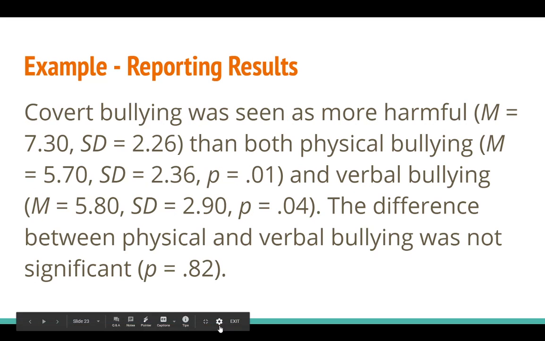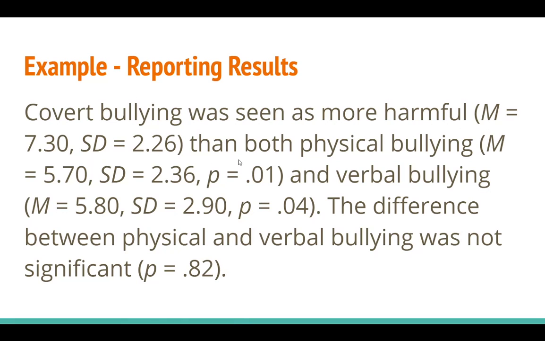If these are significant, then you want to go into reporting the post-hocs. Okay. So we might do something like this. Covert bullying was seen as more harmful, and give its mean and standard deviation, than both physical bullying, we give its mean and standard deviation, and then this P is what compared covert to physical, and verbal bullying. We give the mean and standard deviation of verbal bullying, and then this P represents the difference between covert and verbal.